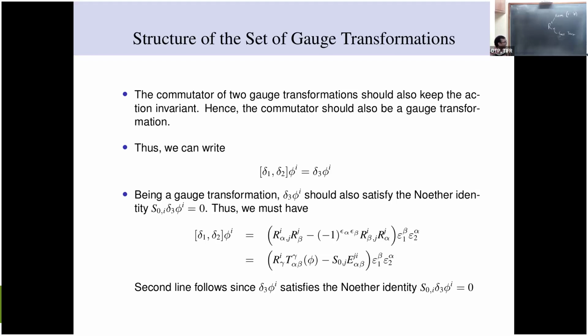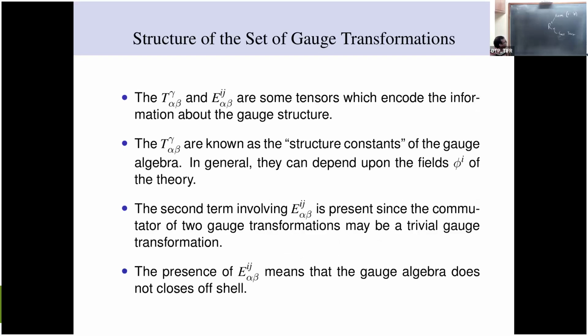This is that thing with the symmetry. Yes, E^ij is this, the analog of T^j_i. So basically, this T and E can be written as some tensors, and they encode information about this gauge structure.